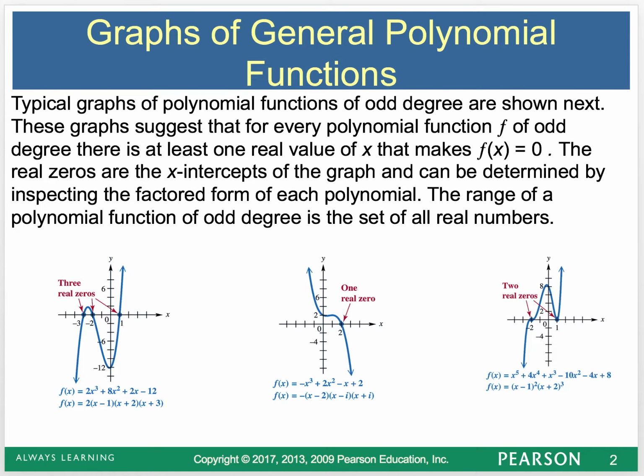If you have an odd degree, right, they look like our cubic function, right? And as a matter of fact, some of these are cubic functions, but look, and remember we said this was going to be important and we'd talk about later? Well, here we are. This was the graph of just x cubed. Remember, f of x equals x cubed.